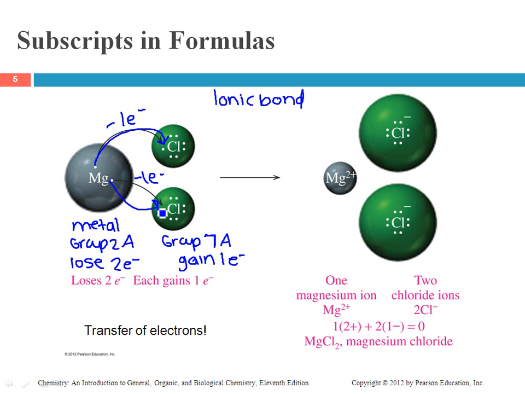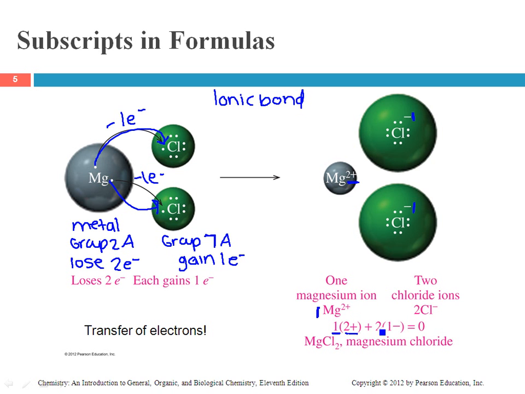Here's our ion, so we have a 2+ charge, and now we have a -1 and a -1 charge. Once again, our charges have to balance. We have 1 magnesium atom that has a 2+ charge. The 1 is the number of atoms, and the 2+ is our ionic charge.